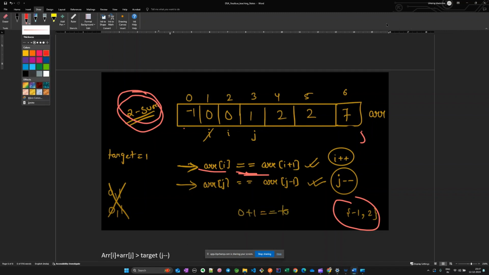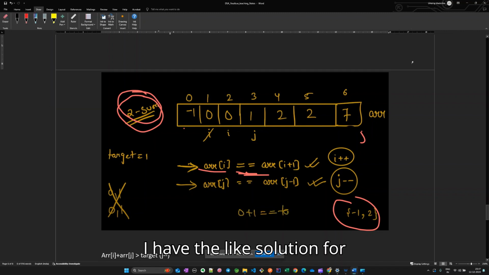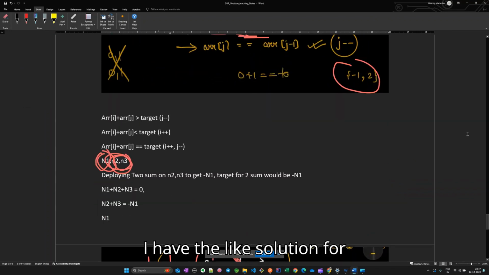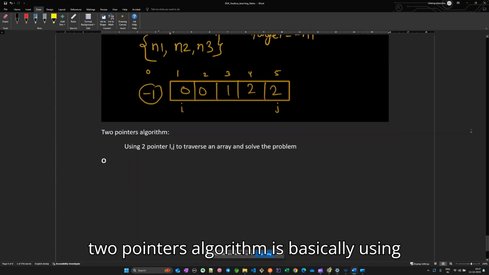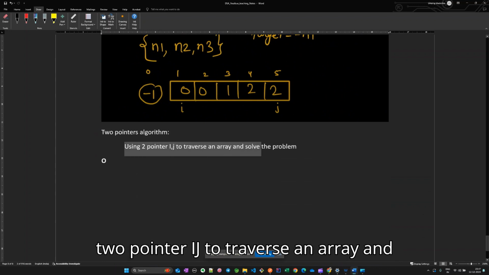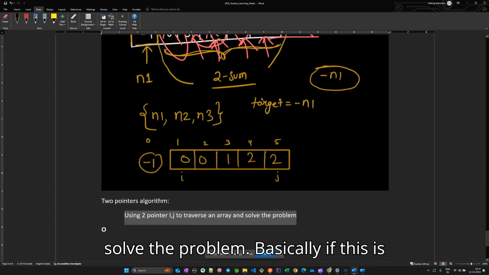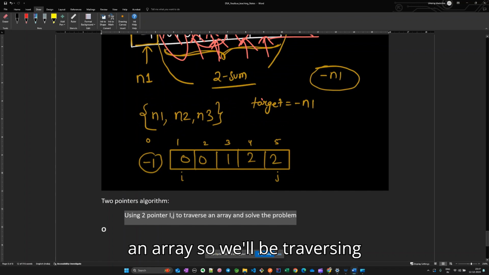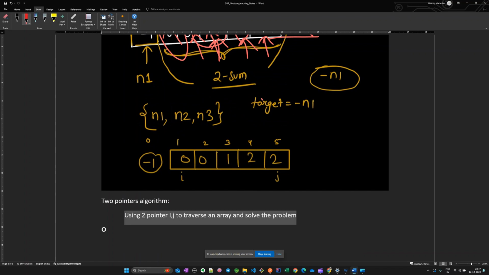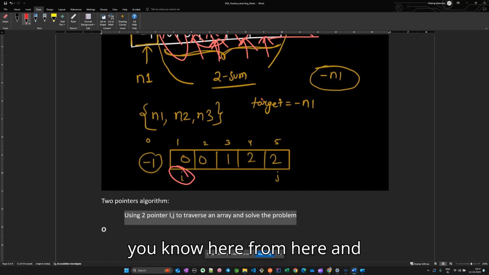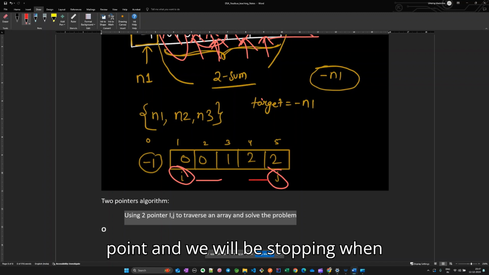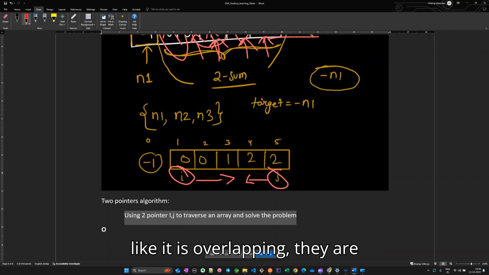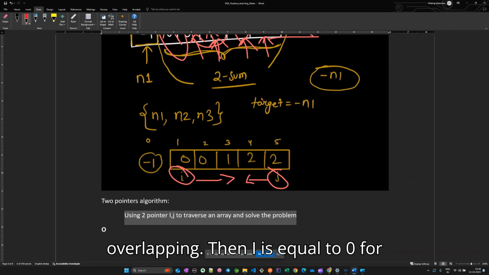If not, I have the solution for that, I'll make you understand. The two pointers algorithm basically uses two pointers, i and j, to traverse an array and solve the problem. If this is an array, we traverse from here and from here toward the center, and we stop when they overlap.